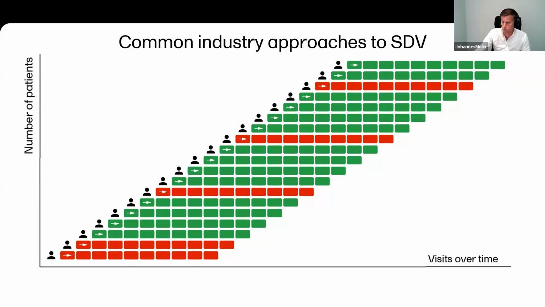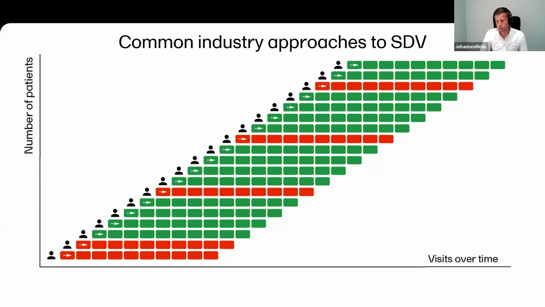Some customers would also create this plan up front and then stick to this plan no matter what kind of risk indicators they see at their sites. So they would not even try to address an observed risk or increased risk. So if we're happy with only reducing the level of SDV, this could be enough. At least we're not doing 100% SDV for all the subjects, right?